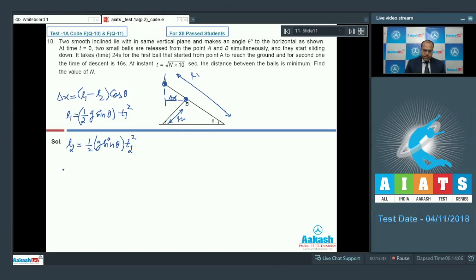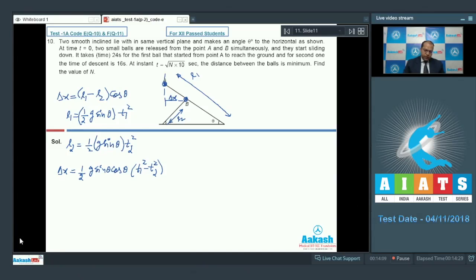So from here I can say that delta x is equal to half into g sin theta into cos theta into T1 square minus T2 square. This is the separation in the x direction between them at t equal to 0.